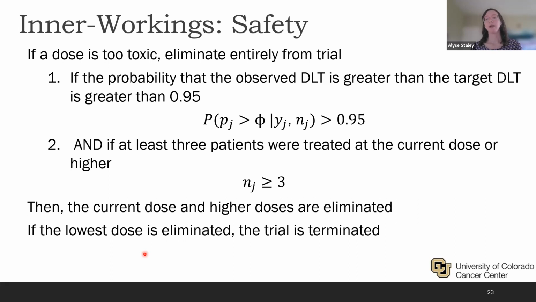If that probability is greater than 0.95, our first part of the criteria is met. The second part of this is we must have at least 3 patients who are treated at the current dose or higher. We don't want to make any decisions based on only 1 or 2 patients. If both of these criteria are met, then the current dose and any higher doses are eliminated. If the lowest dose is eliminated, the trial is terminated.